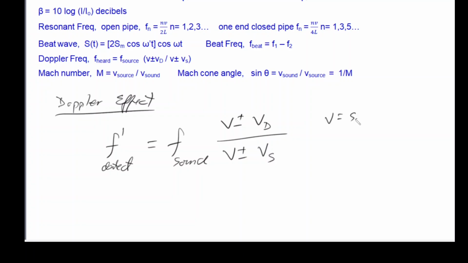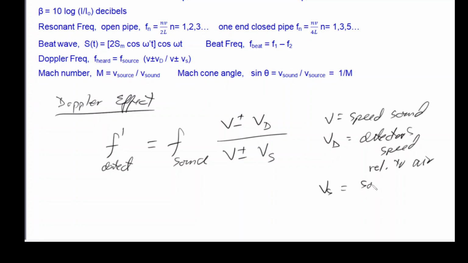So v is equal to the speed of sound. v sub d is equal to the detector's speed relative to air, and v sub s is equal to the source speed relative to air.